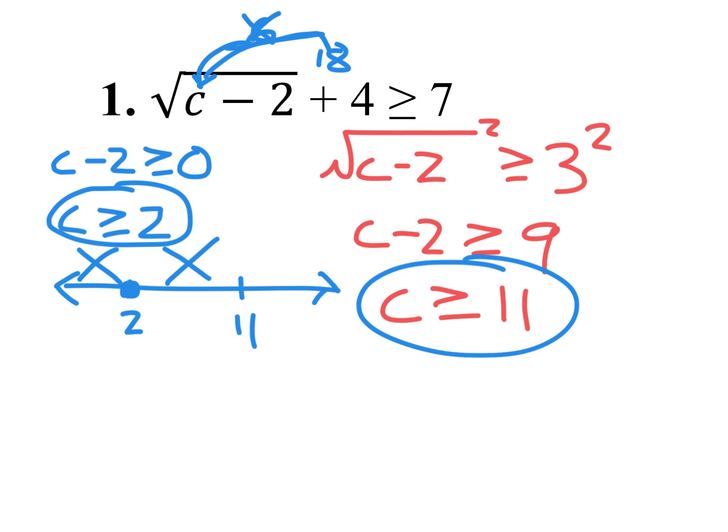Square root of 16 is 4. 4 plus 4 is greater than or equal to 7. So when I plugged in a number out here, it worked. Remember, this is a closed circle. So our solution, which I already have written right there, is C is greater than or equal to 11.